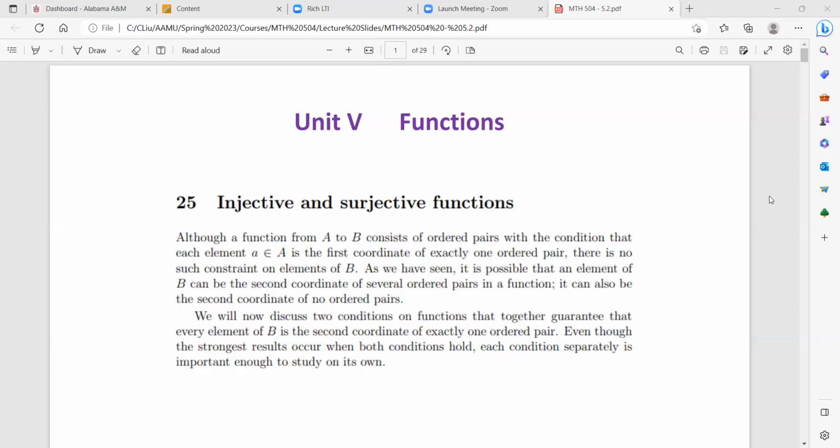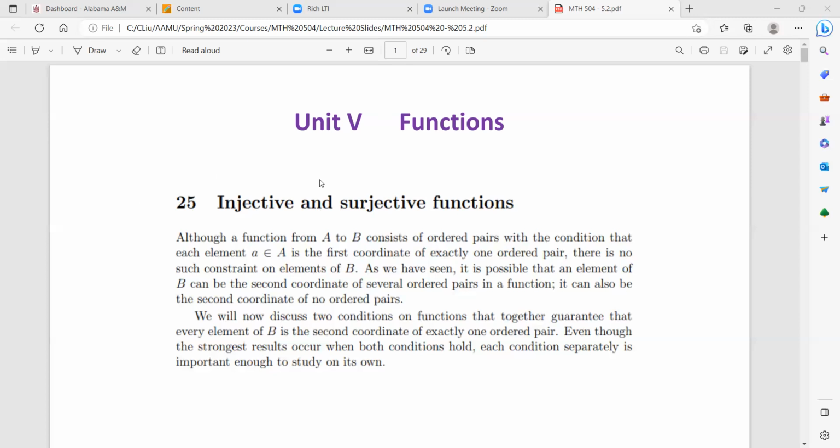So this is the unit of functions, and the second section is the injective and the surjective functions. This is the 25th topic in the book, but it's section 2 in our unit. So we're going to start from injective functions.